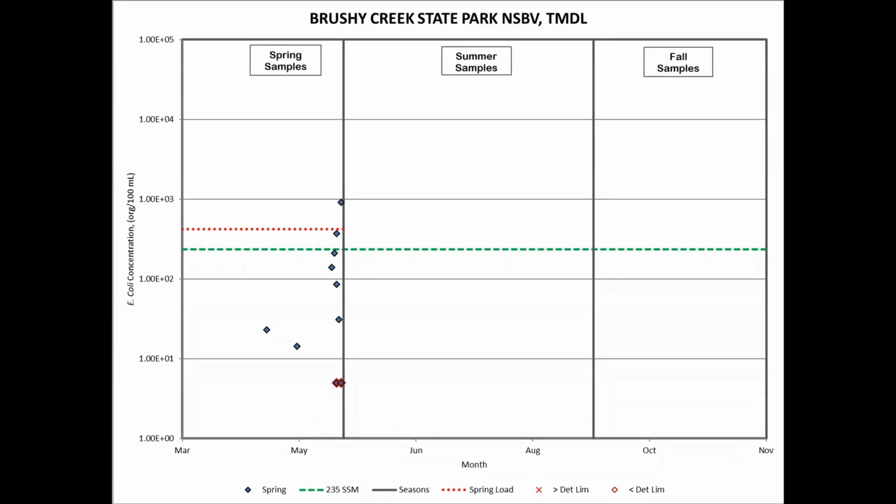The existing load for the spring season is also plotted, which is represented by this red dotted line. The existing load is the 90th percentile for all the spring samples collected. In this case, it shows that our spring loading is above our allowable concentration of 235. The difference between these two lines is the amount of E. coli reduction needed to bring this beach into compliance with water quality standards.